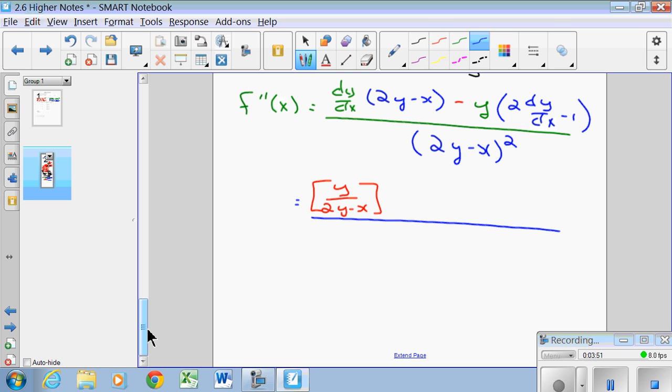So dy/dx is that, and then we have 2y minus x, and we have minus our y value with 2 times y over 2y minus x minus 1, all over 2y minus x squared.